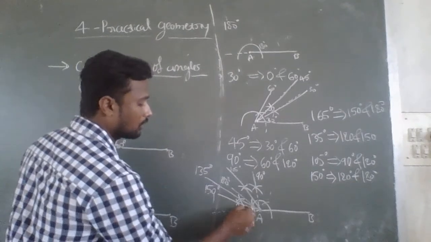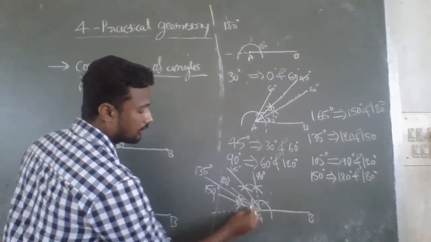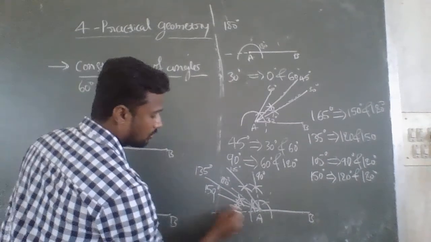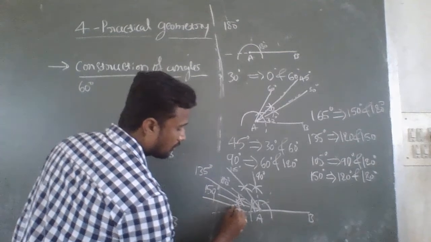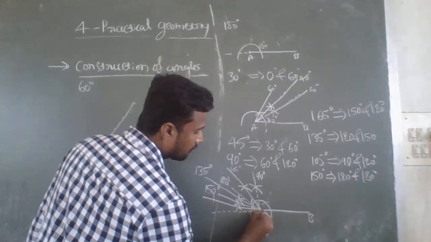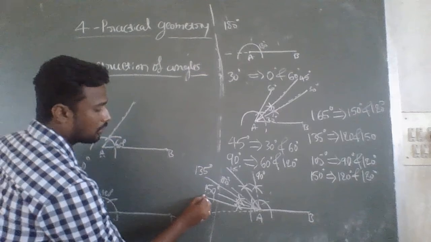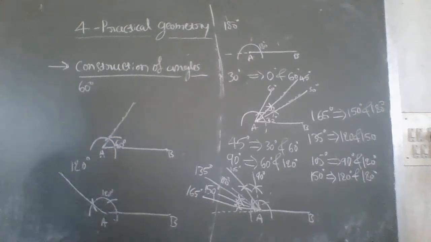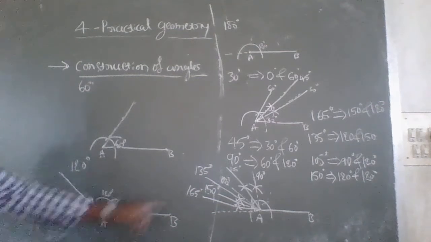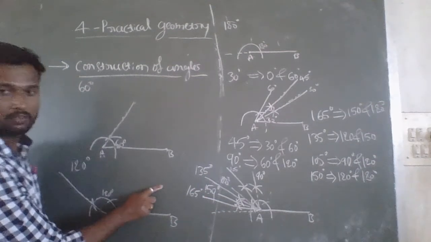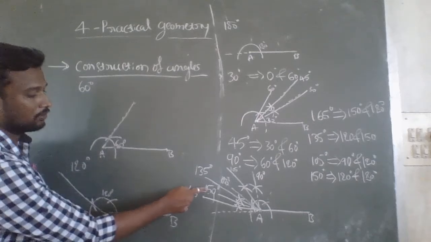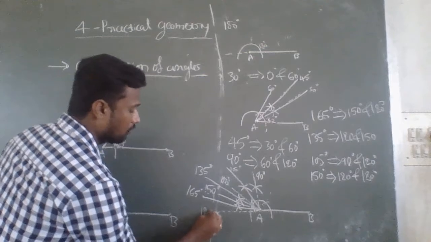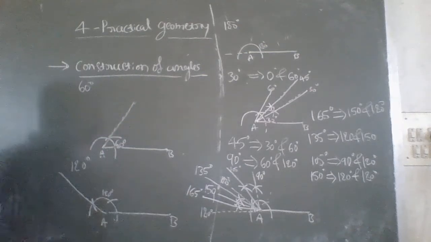Like that only, keep the compass on the 150 degree intersection here and draw an arc. So, if you join these intersected points with point A, you will get how much? 165 degree, because this 165 is between 150 and 180. Now we got the angle 165.